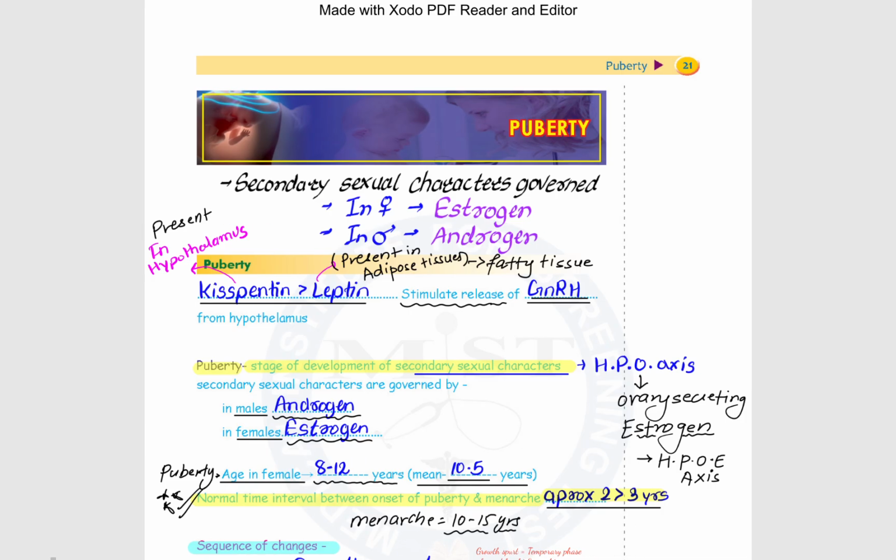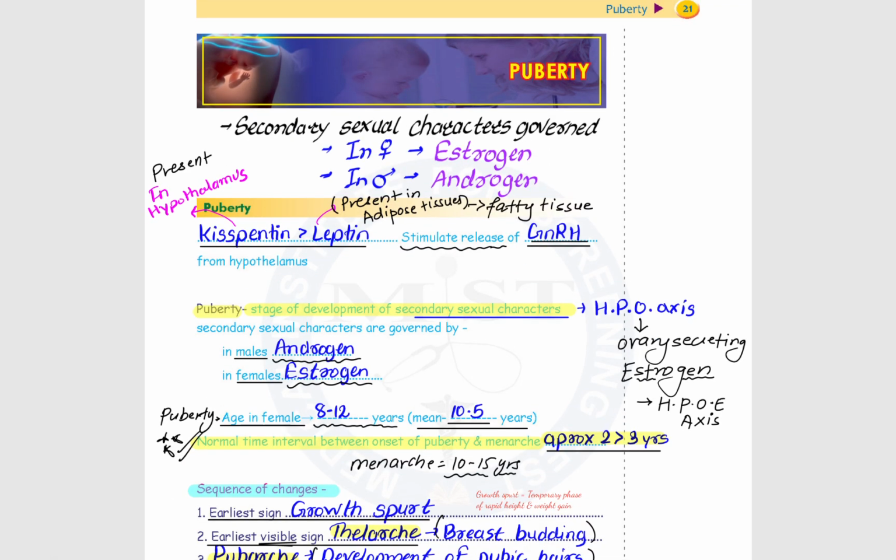Now puberty. Secondary sexual characteristics are governed in female by estrogen, not progesterone, and in male by androgen. Androgen is converted to estrogen in granulosa cells, and FSH is involved. In the hypothalamus we have kisspeptin, and leptin, which stimulate the release of GnRH from hypothalamus.